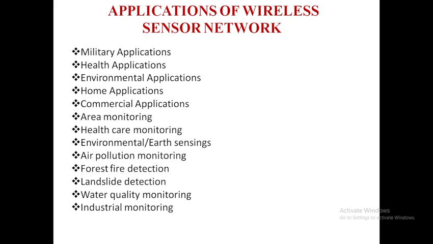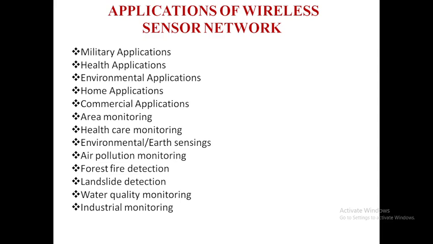And in environment applications, the wireless sensor networks are used for tracking environmental conditions like temperature, humidity, air, or vibration, etc.